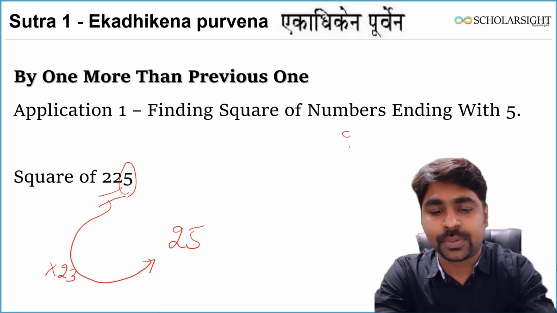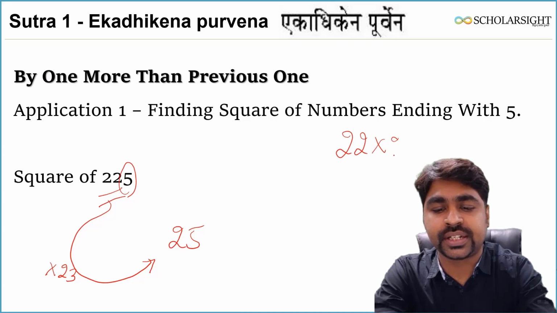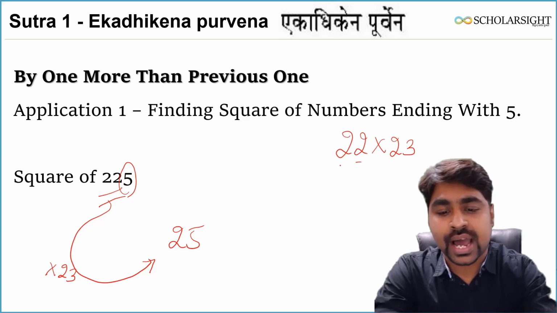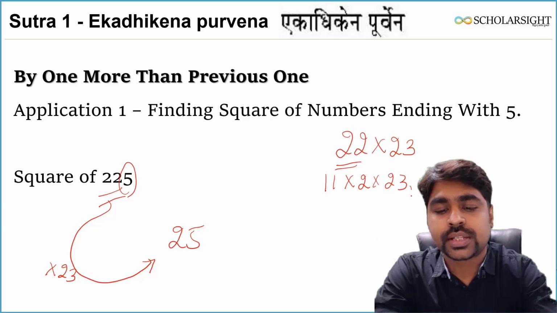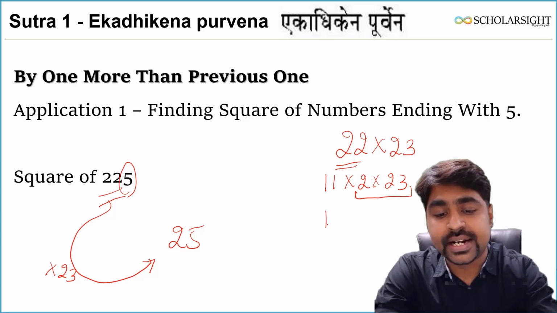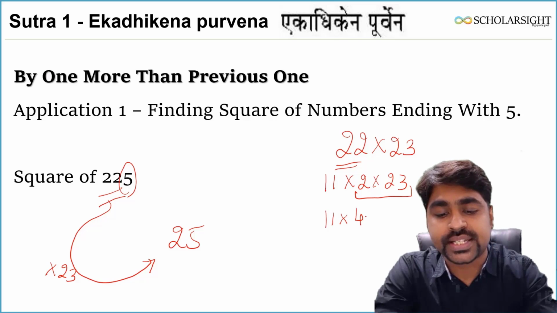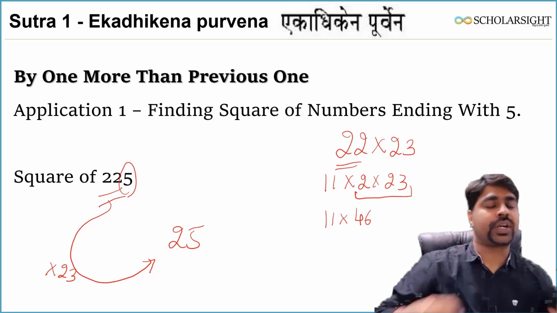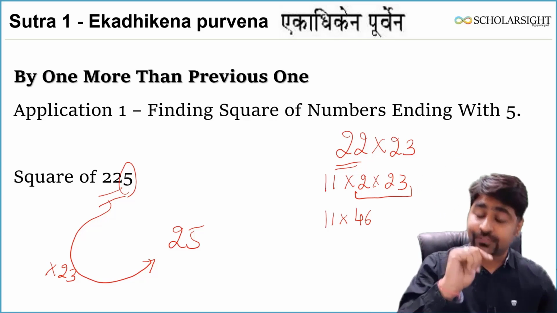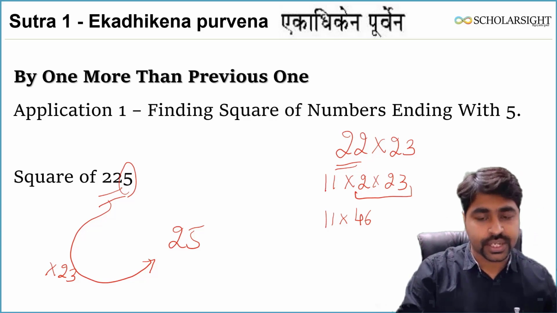So I needed to multiply 22 into 23. So I wrote 22 as 11 into 2 into 23. Now I did 2 into 23, which is 46. This is what I was telling that you need to do from the next time in your mind. Okay.